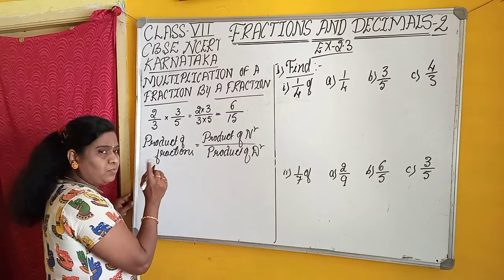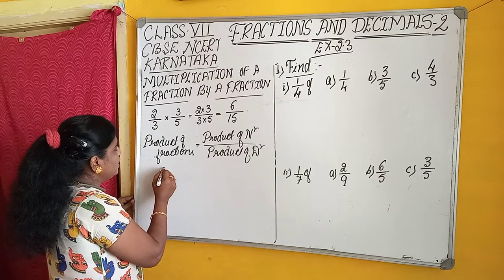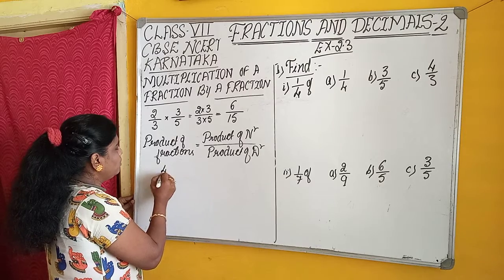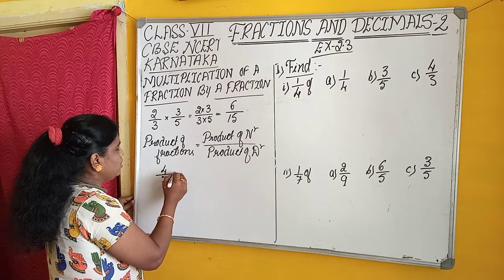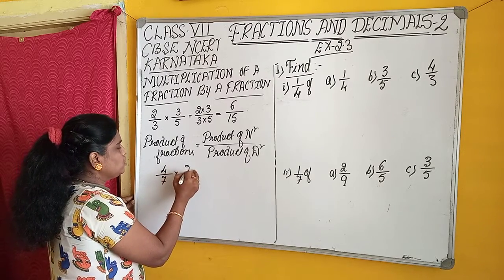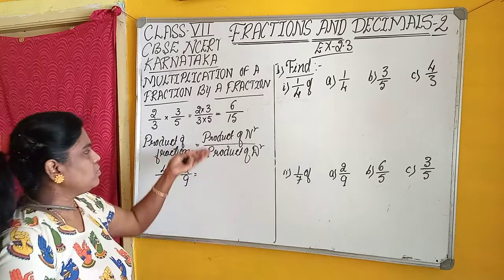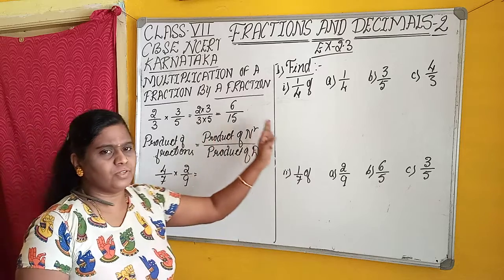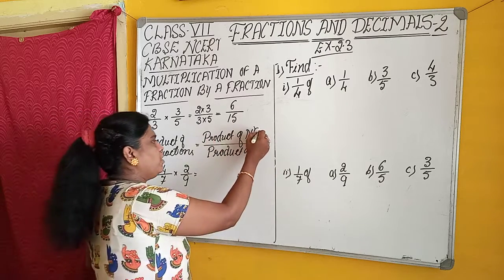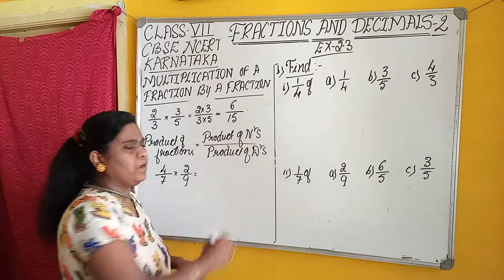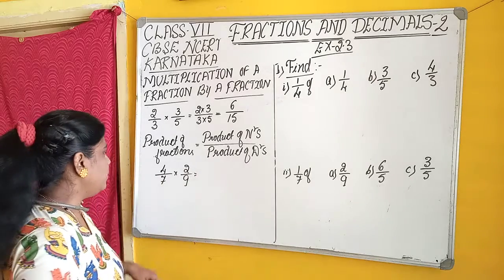Let us consider one more example: 4 by 7 into 2 by 9. Now, by using this rule, the product of the numerators is divided by the product of the denominators.